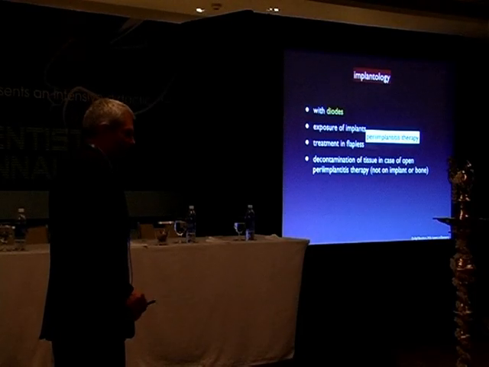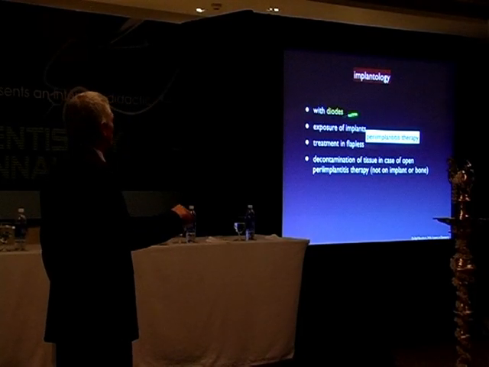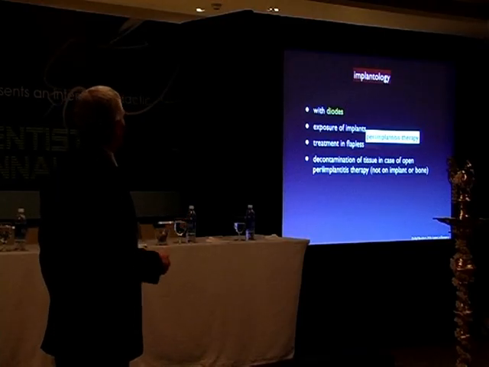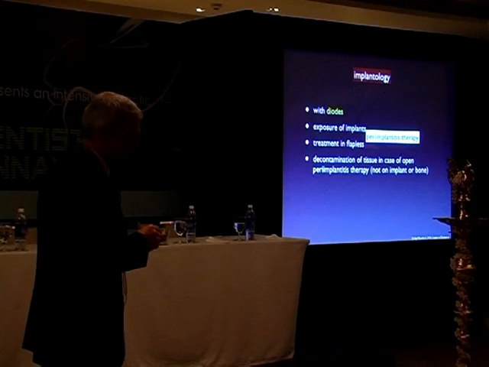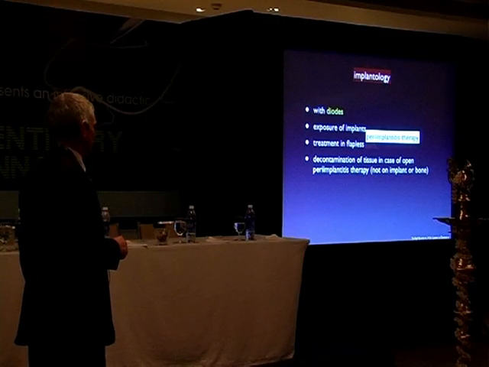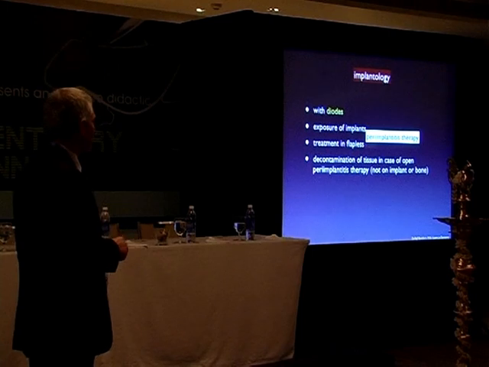If you do implantology with diode lasers, you only can do exposure of implants and peri-implantitis therapy, and you can use it in flapless treatment, so as in periodontology. You can decontaminate tissues in case of open peri-implantitis therapy.